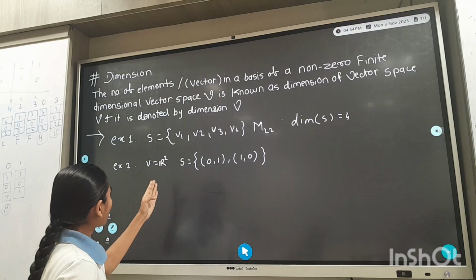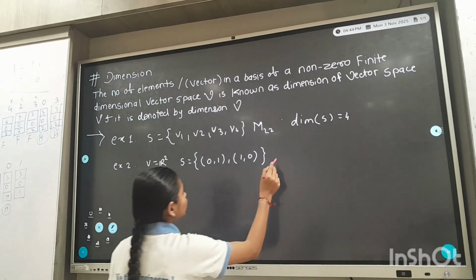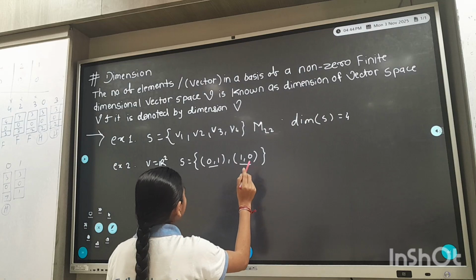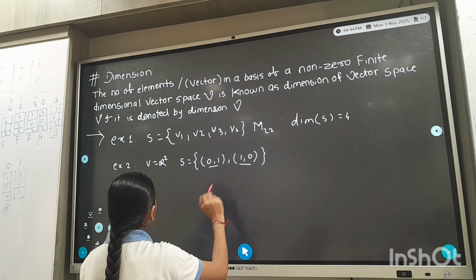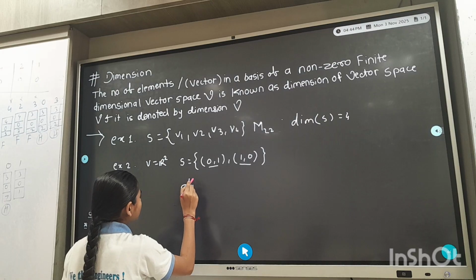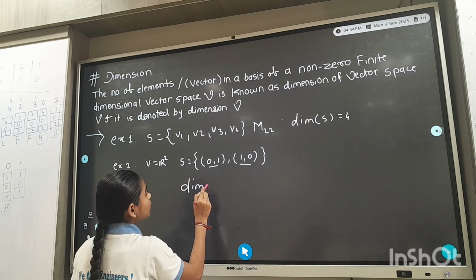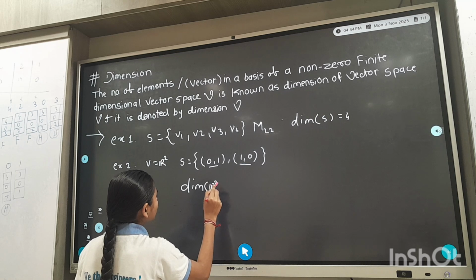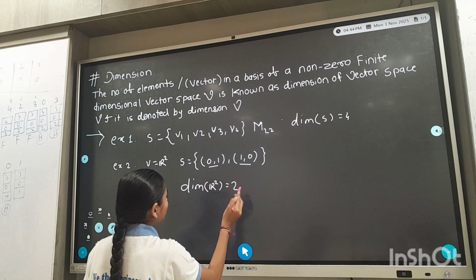The dimension of R square is 2 because there are 2 vectors in the basis of S. So the dimension of R square equals 2.